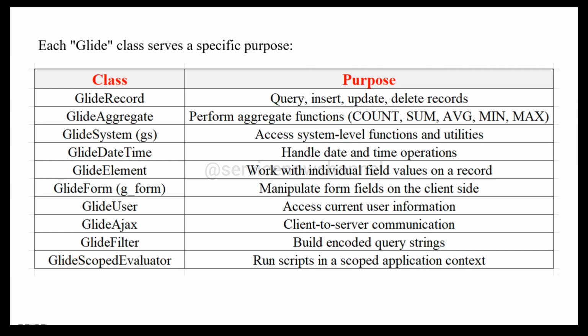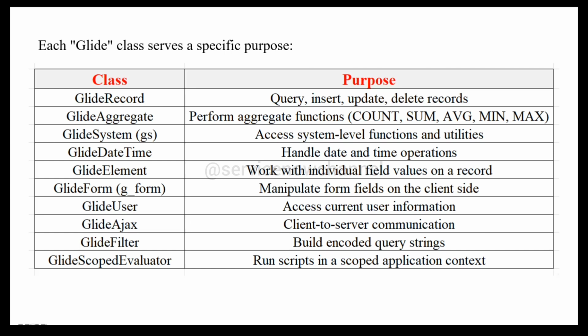Next we have GlideDateTime. The GlideDateTime class purpose is it handles the date and time operations. Like if you need to get the current date and time, or if you need to get the current day, like Monday, Tuesday, Wednesday, or only the current year, or you need the current date with seconds, for example. So you can handle the current date and time.